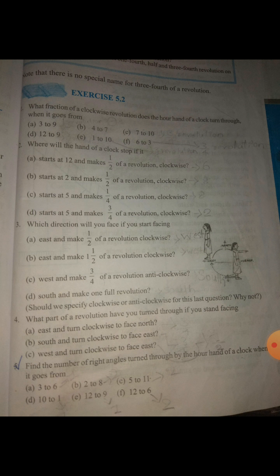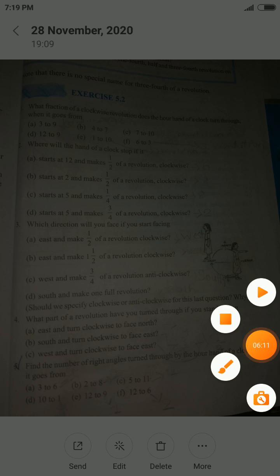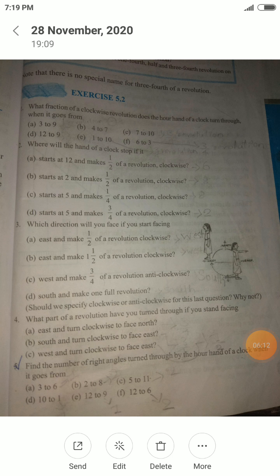Fraction means you have to tell 1/4, or 1/2, or 3/4. Like that you have to say the answer for each. The first one, 3 to 9. What is the fraction of the clockwise revolution here? When the hand moves from number 3 to 9, it is half. 1/2. The fraction is 1/2.